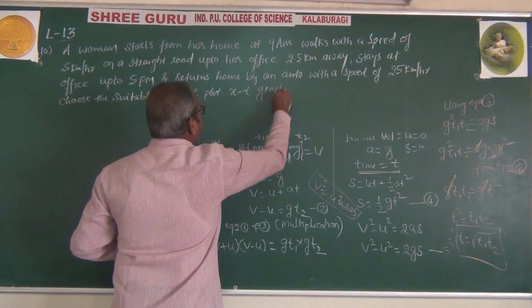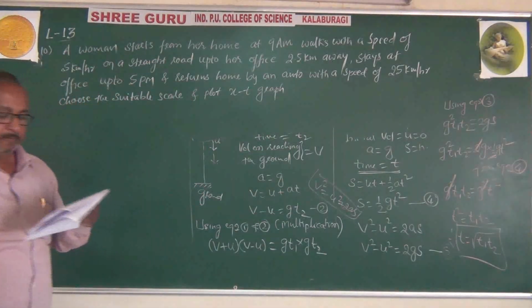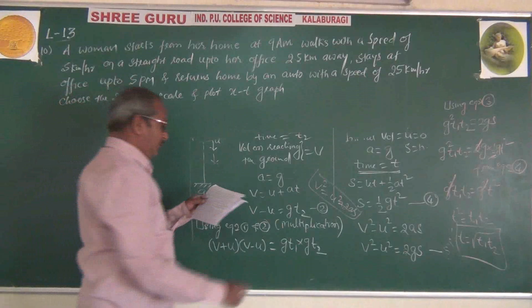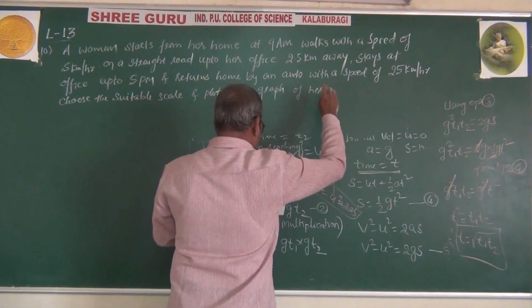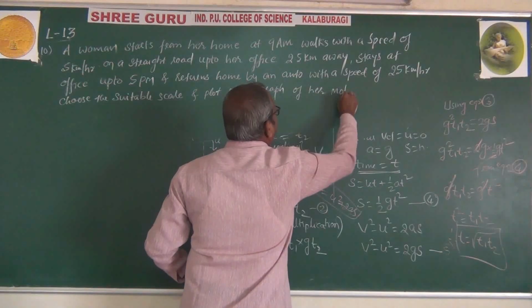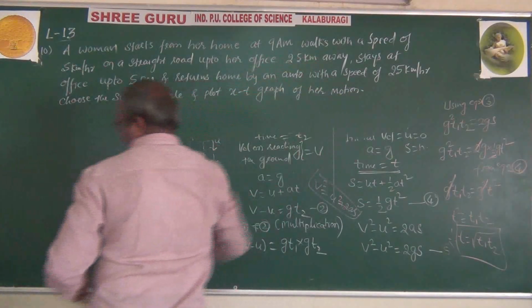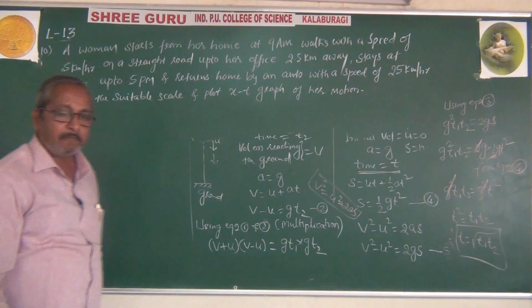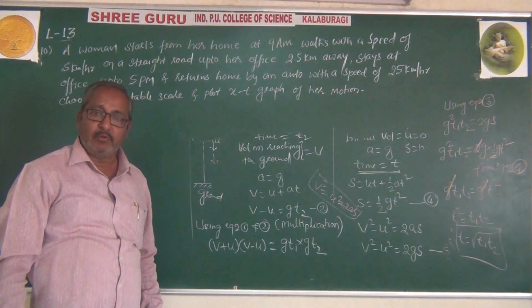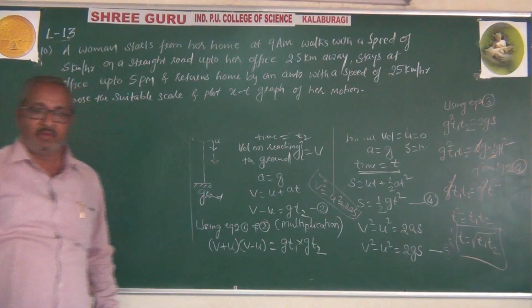XT graph means position time graph, for her motion. So this is another question. Here you have to plot the position time graph. Actually, for your syllabus, the position time graph is deleted, but I will show you how to plot it.